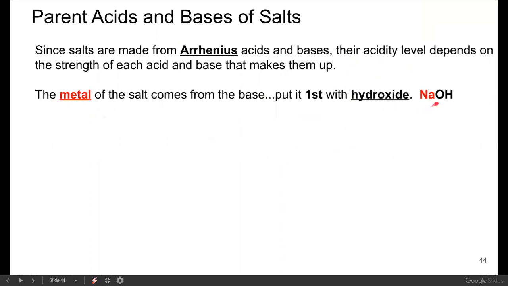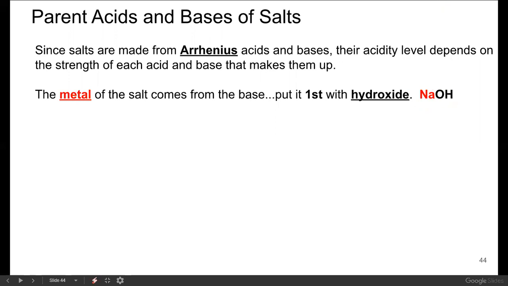For example, if I had a salt that had sodium in it, like sodium chloride, sodium fluoride, sodium nitrate, whatever, I'm going to take that first part of the salt, sodium, and put it with hydroxide. That's now what I consider my parent base. Is that a strong base or a weak base? It's going to be a strong base because sodium is in group 1.